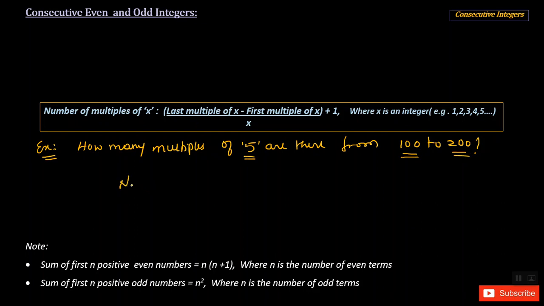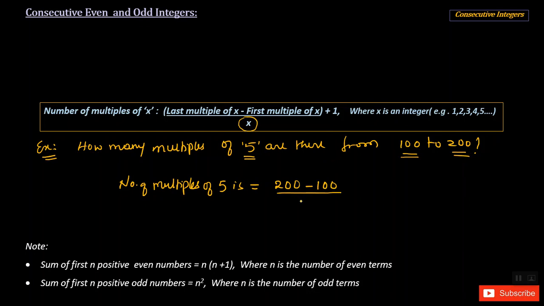I can say number of multiples of 5 is, we can write it here as what? The last multiple of 5, that is 200, minus the first multiple of 5, that is 100, divided by the common difference. The common difference here is 5. So as I'm talking about the multiple of 5, that same number remains as the common difference.